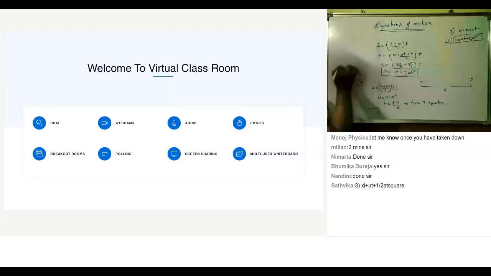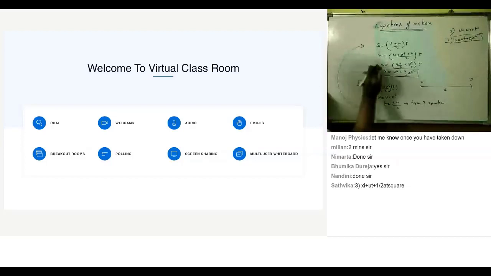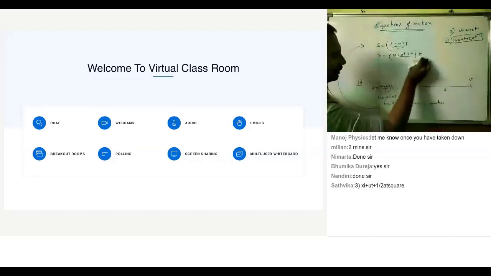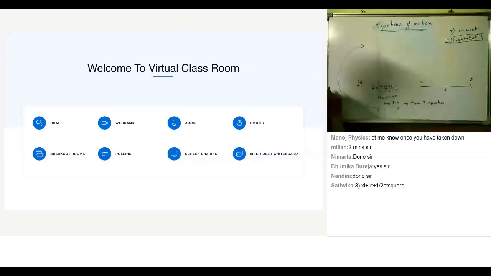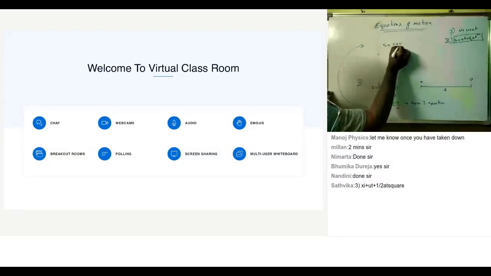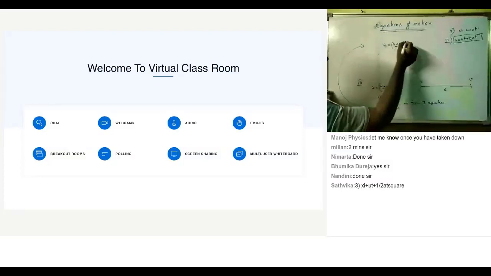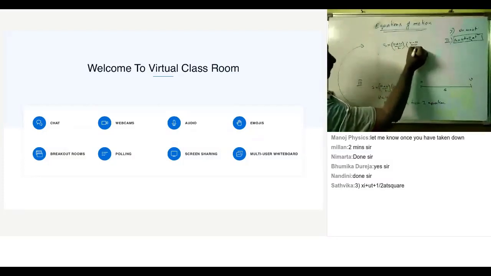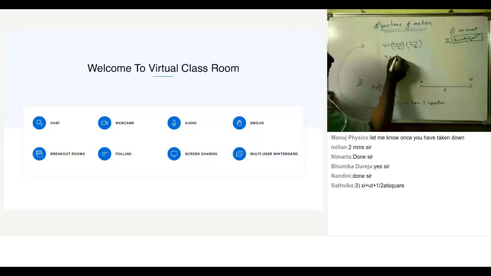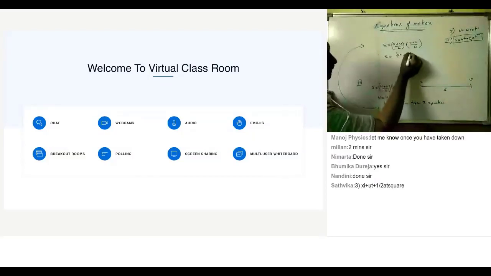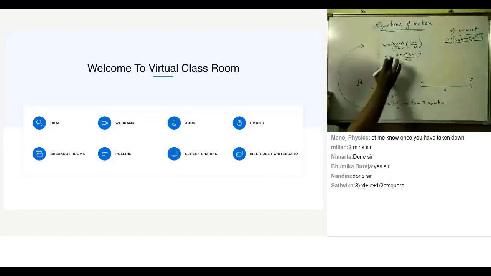Let me substitute that. If I substitute it, what will I get? s equal to (v plus u) by 2 into (v minus u) by a. So this can be written as s equal to (v plus u)(v minus u) by 2a. This is of the form (a plus b) into (a minus b).